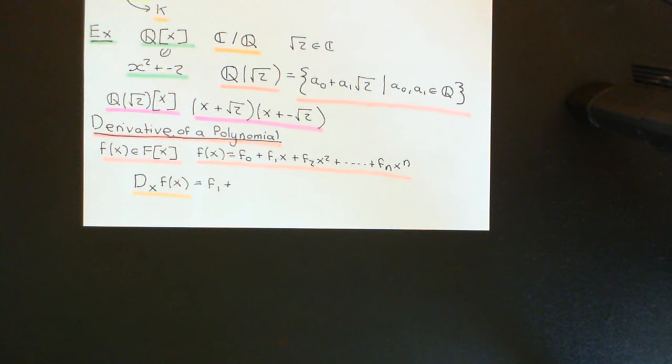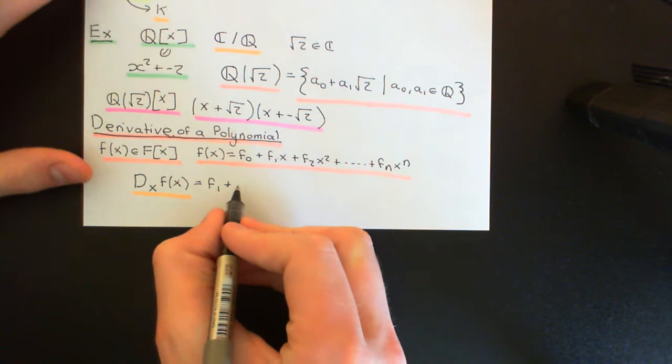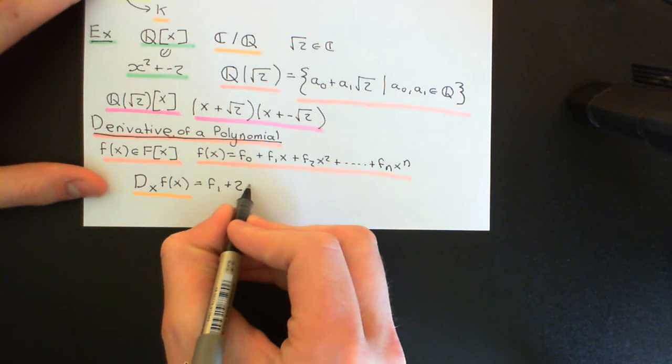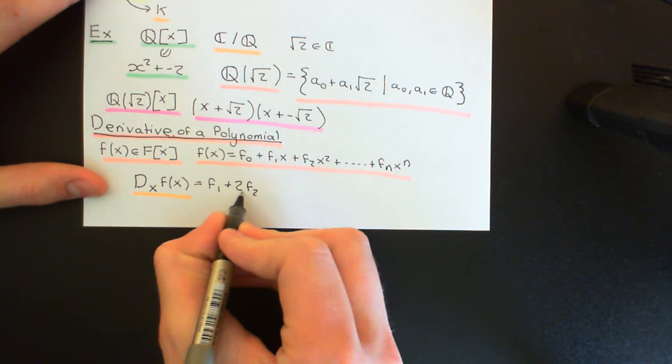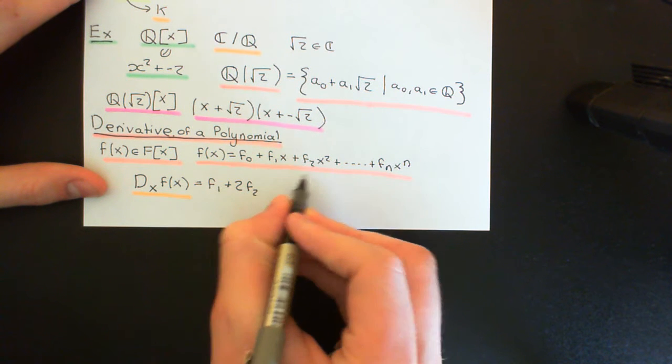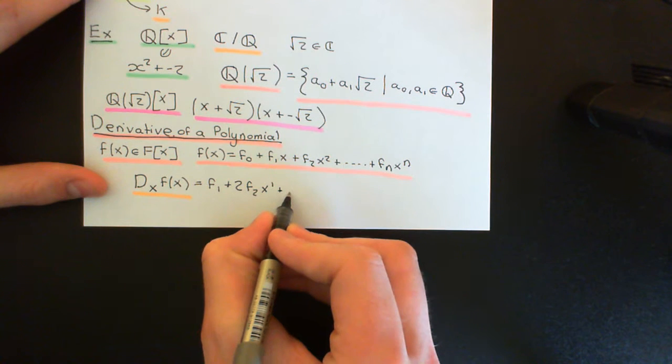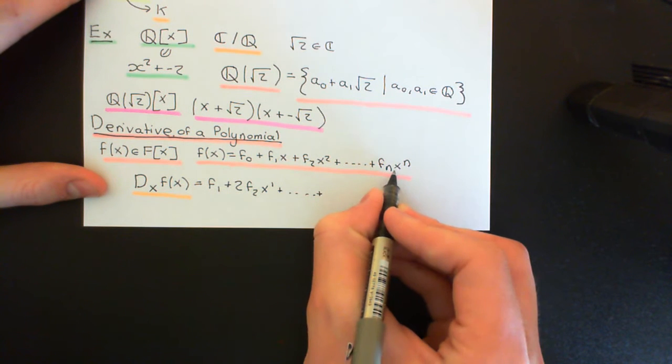1 is always an element of an arbitrary field, so you can add it to itself to get an element of the field, and that's the element that we call 2. So that's what we mean by 2. So 2 is just 1 plus 1. And you'll multiply the element 2 with the coefficient f2, and then you'll lower the power here by 1, so you'll get x to the 1, and then this will continue on all the way up to here.